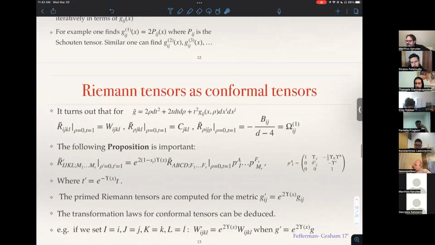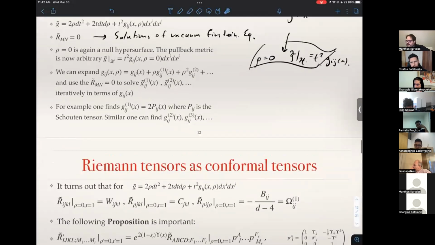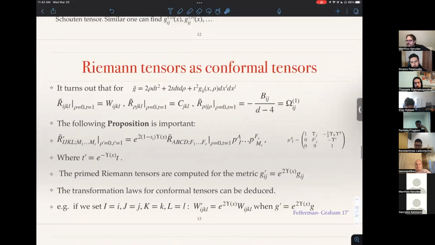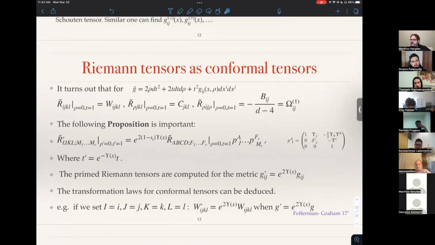Let me now describe how we get conformal tensors from the ambient Riemann tensors. As we said, this was the ambient form. It turns out, and I will just state some results that are true here, that if you calculate the ambient Riemann tensor and pull it back to the null hypersurface at t equals 1, you just get the Weyl tensor, the most important conformal tensor.